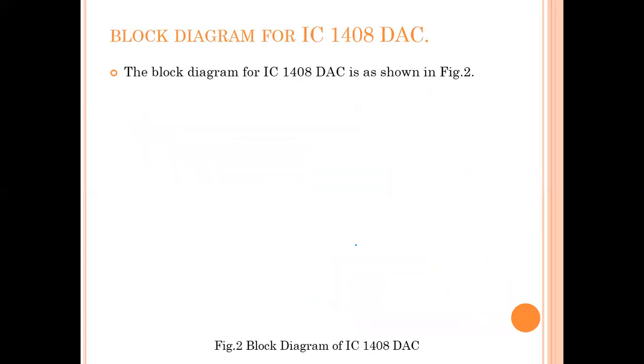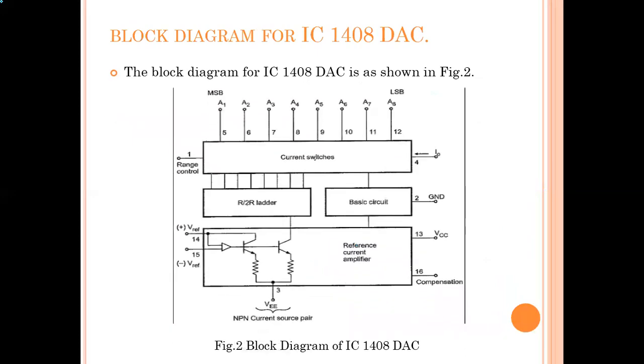Next we go to the block diagram of the IC 1408 D2A converter. Here is the block diagram, which initially consists of a reference current amplifier and the R2R ladder D2A converter, as mentioned in the previous slide also.